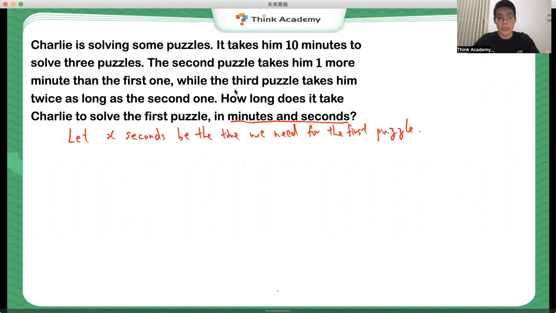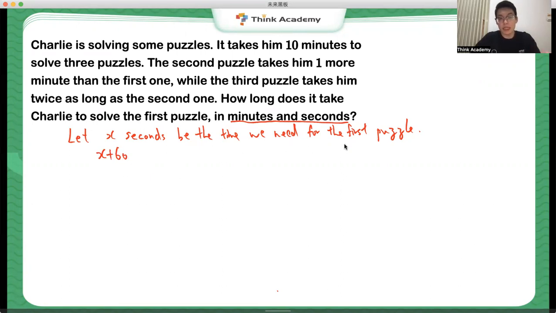Okay. So if the first one is taking x seconds, okay? The unit is seconds here. The second one is taking him 1 more minute, which means 60 more seconds, right? So 60 more seconds, x plus 60.